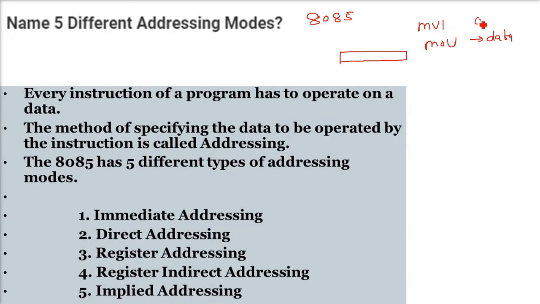There has to be some moving of data. So every instruction is operating on certain data. So the method or technique or way of specifying the data to be operated on by the instruction is called addressing.